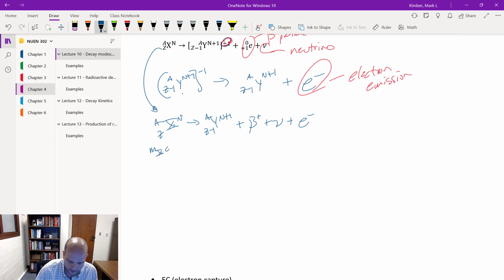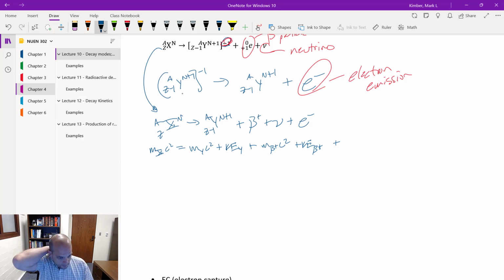The mass of X is going to be the mass of Y plus the kinetic energy of that daughter, plus the mass of my beta plus particle plus the kinetic energy of that beta plus particle. And for the neutrino, I'm neglecting the mass, so I'm just accounting for its kinetic energy. And then I've got the mass of that electron plus the kinetic energy of that electron.